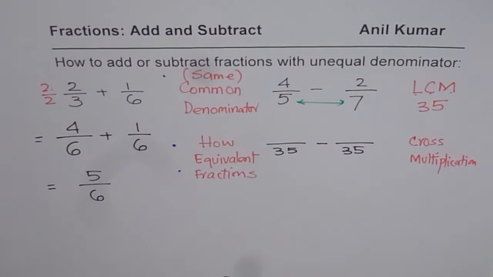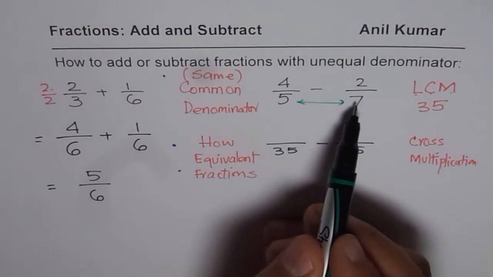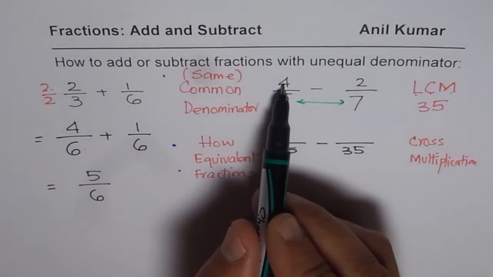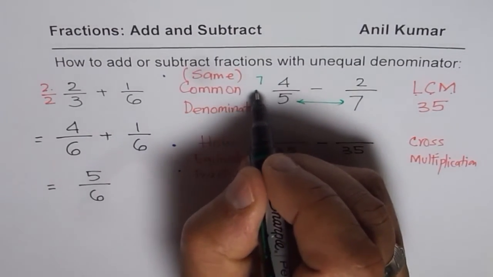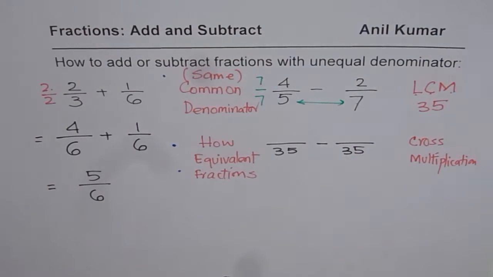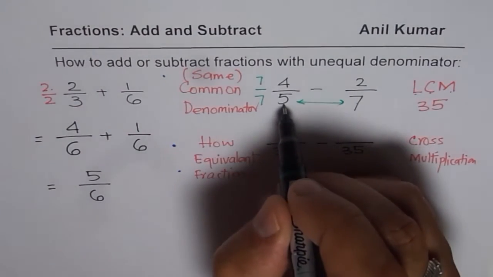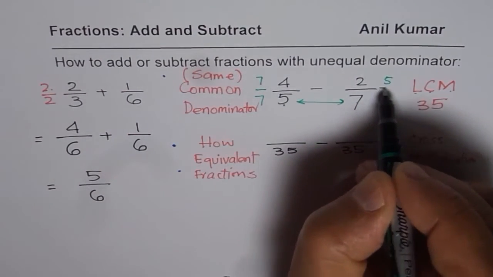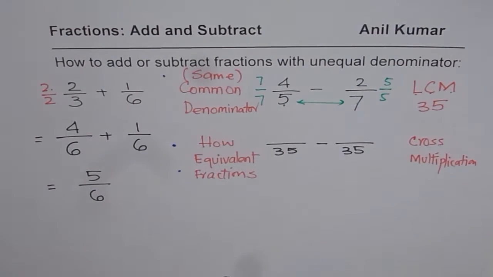Now what should be the numerator? Since 5 has been multiplied by 7, 4 should also be multiplied by 7. So we are basically multiplying both by 7, which is this number. Do you see that? And the other number is being multiplied by 5. Why are we saying this is cross multiplication?